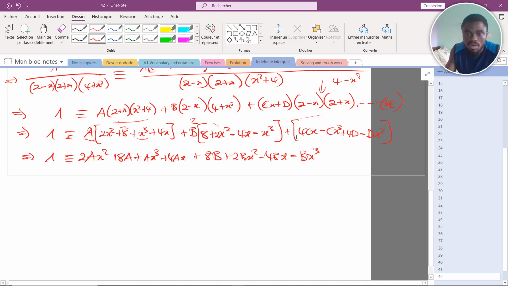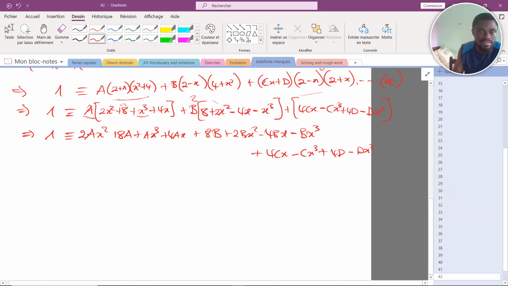Okay, I'll add this other one, plus 4cx minus cx cubed plus 4d minus dx squared.